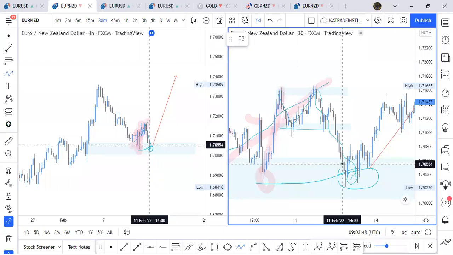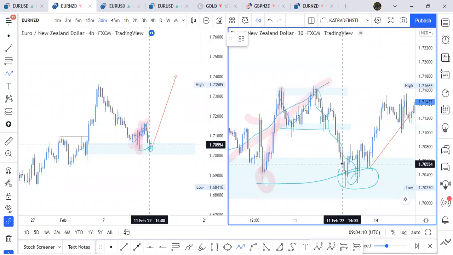Because we all know that some reversal points or reversal patterns can give us a retracement, and some retracements can also be reversal patterns.